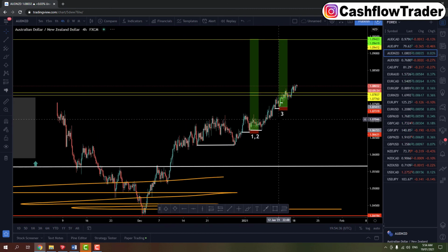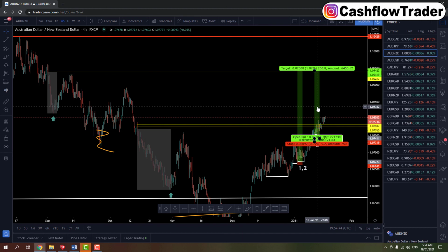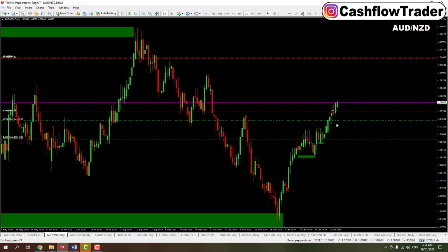Yep, here we have 1 to 29 risk to reward. We got 2 trades, and here we have 1 to 21 risk to reward. We got 1 trade, so we got actually 3 trades going on at the same time for that same pair. And I'll just probably leave it at that to let it run and focus on finding new trades.